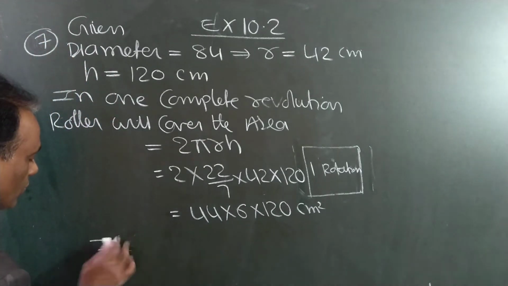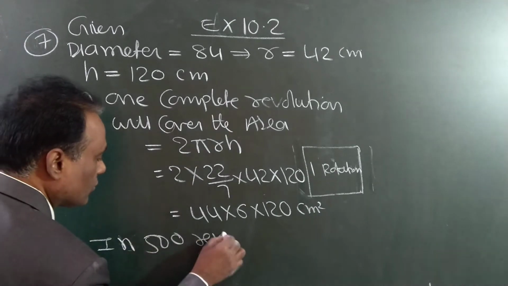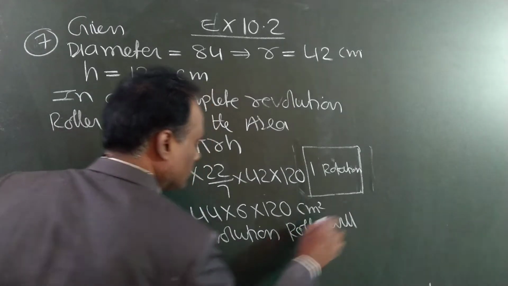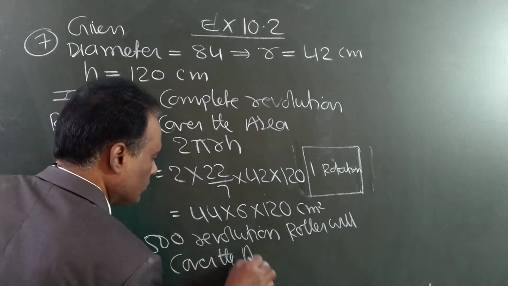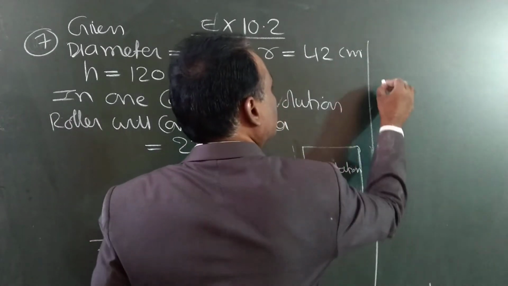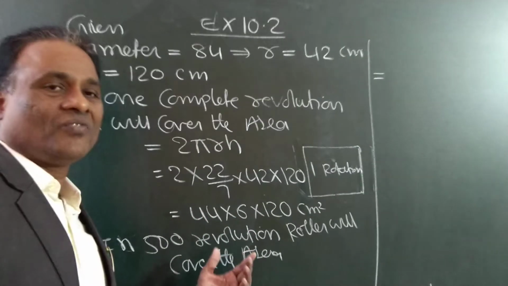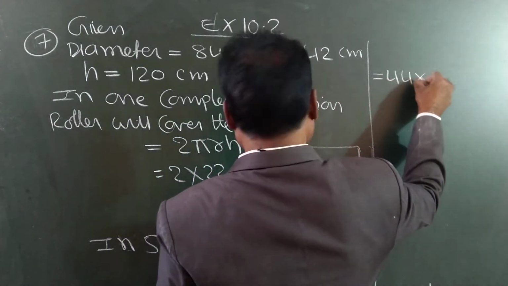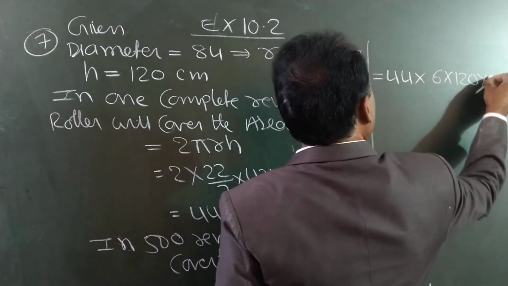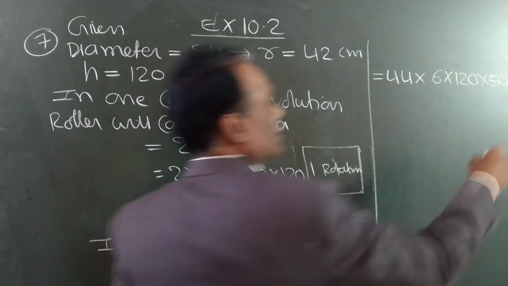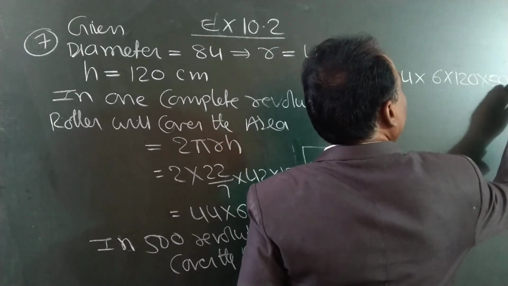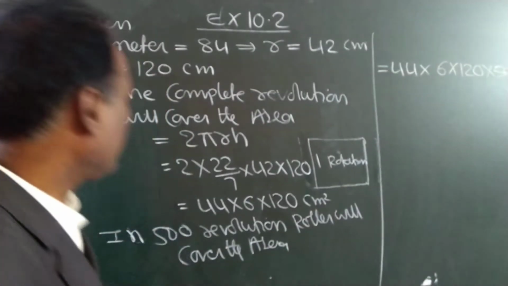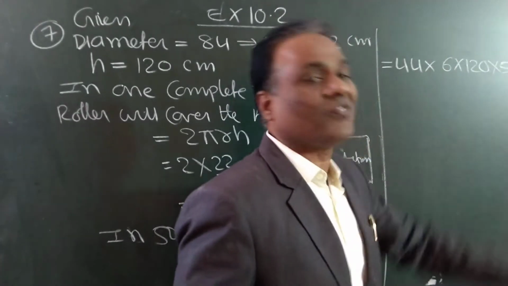So in 500 revolutions, the roller will cover the area equal to 44 into 6 into 120 into 500 centimeter square. One time this much, into 500.